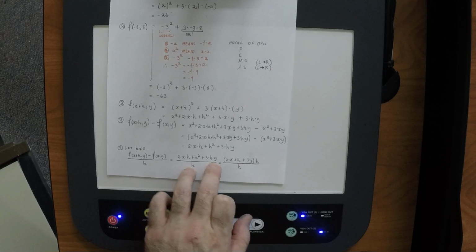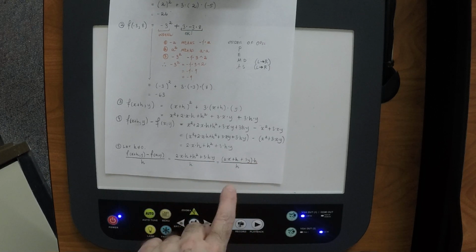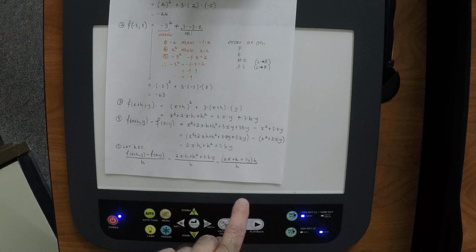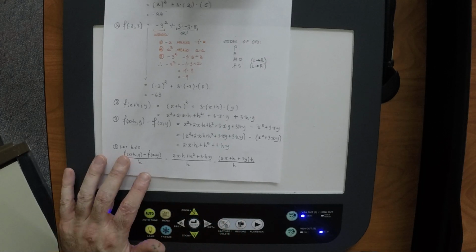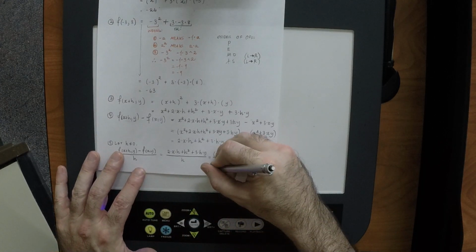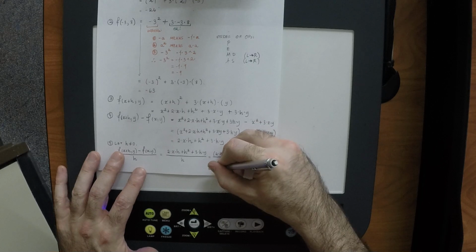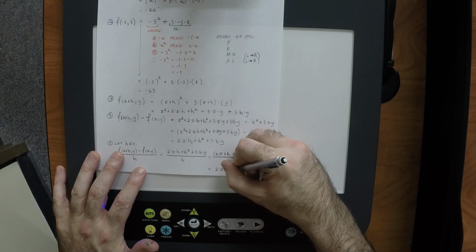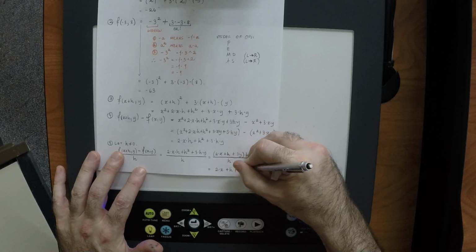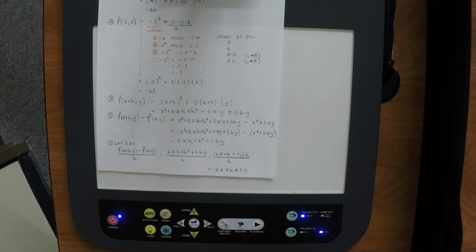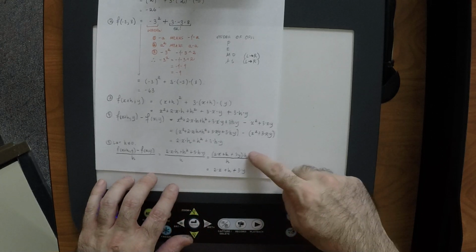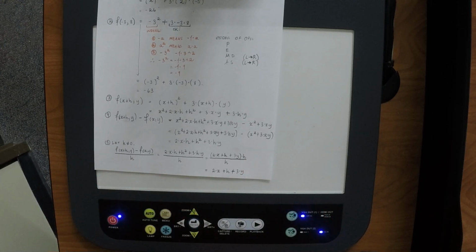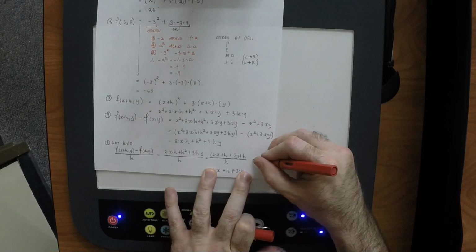Okay, do you observe that the h's can cancel? But now here's the thing. You want to make a comparison here. So 2x plus h plus 3y. Specifically from here to here, my question is why can we do this?